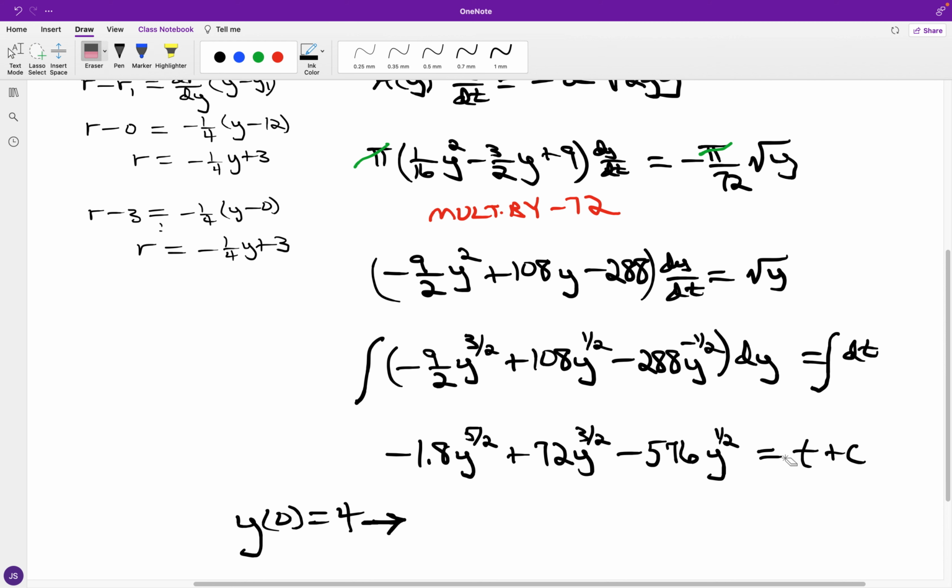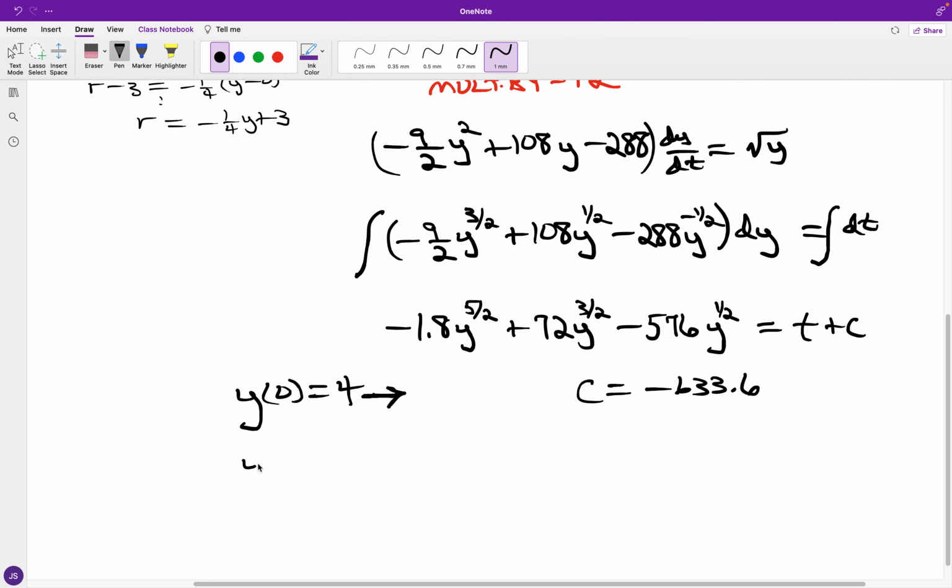As t is set to 0 and y is set to 4, the value of the constant ends up at negative 633.6.